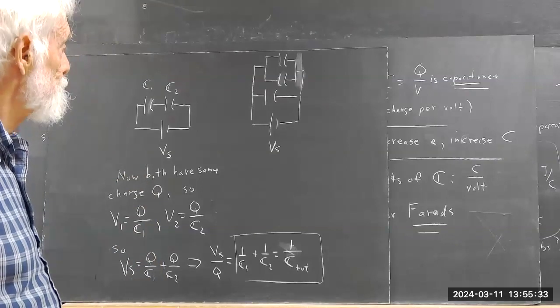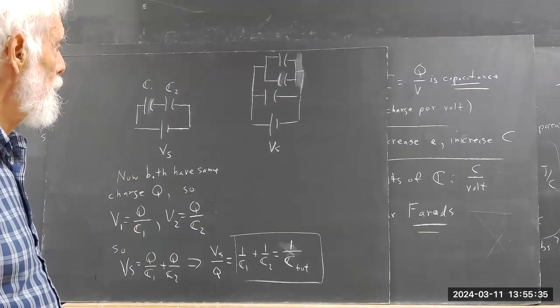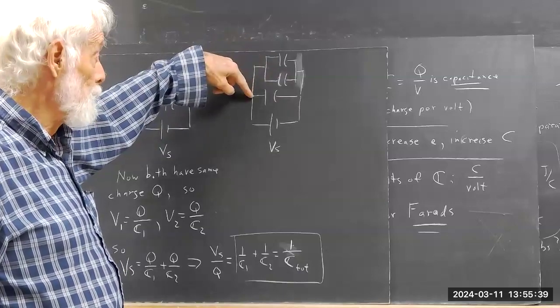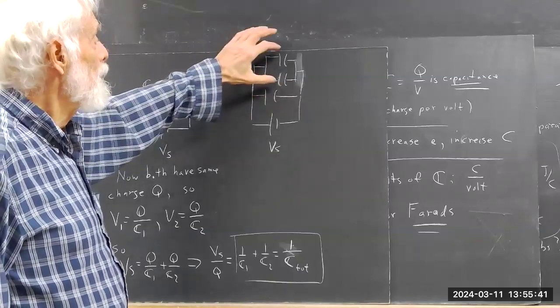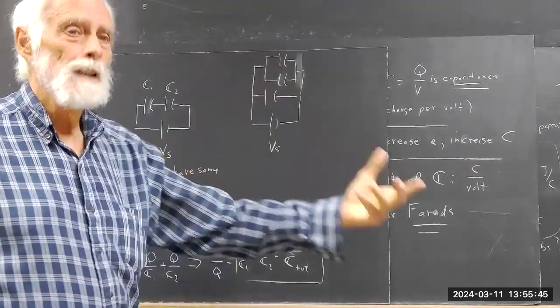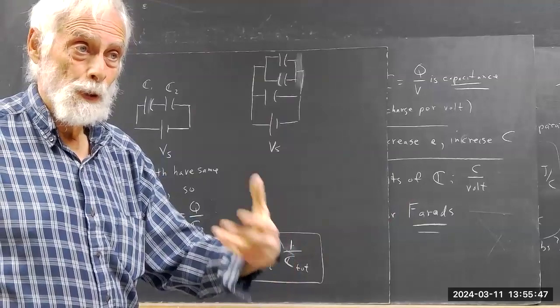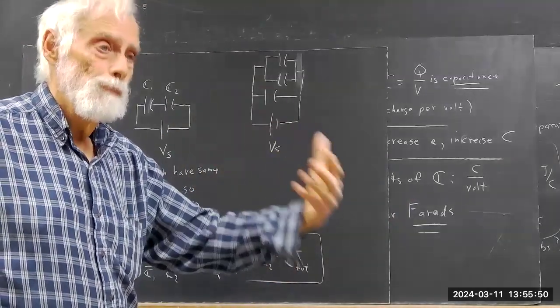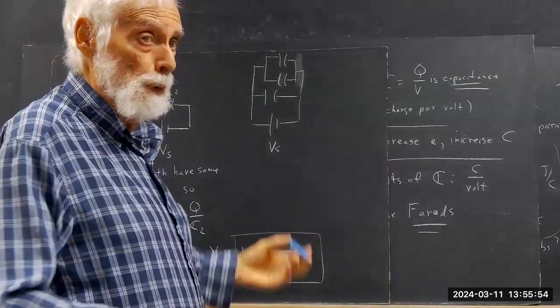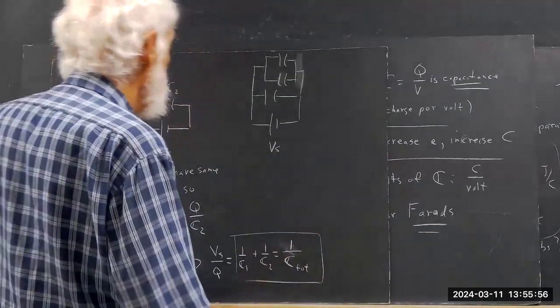Well, you can still say that the voltage across each one of these is the same as the voltage across this, because each one of these is connected to the source by an equipotential wire. A wire loses no energy when current flows through it. And if you've got good wires, they're pretty close to ideal.